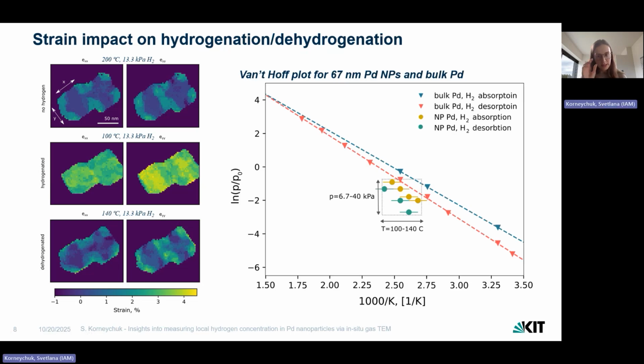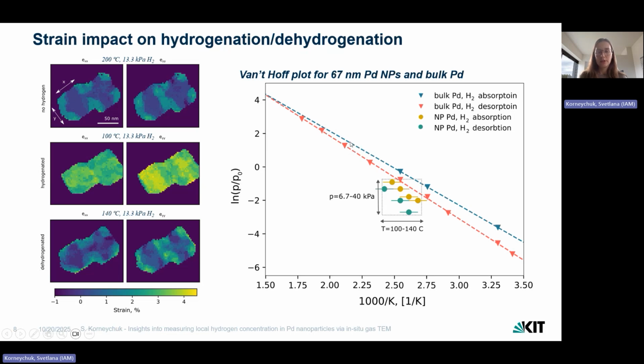What else do we see is that our nanoparticles hydrogenate at lower pressures at the same temperature than the bulk. This is shown by the Van 't Hoff plot, which shows you the temperature and pressure of formation of palladium hydride in the bulk with the dotted lines.